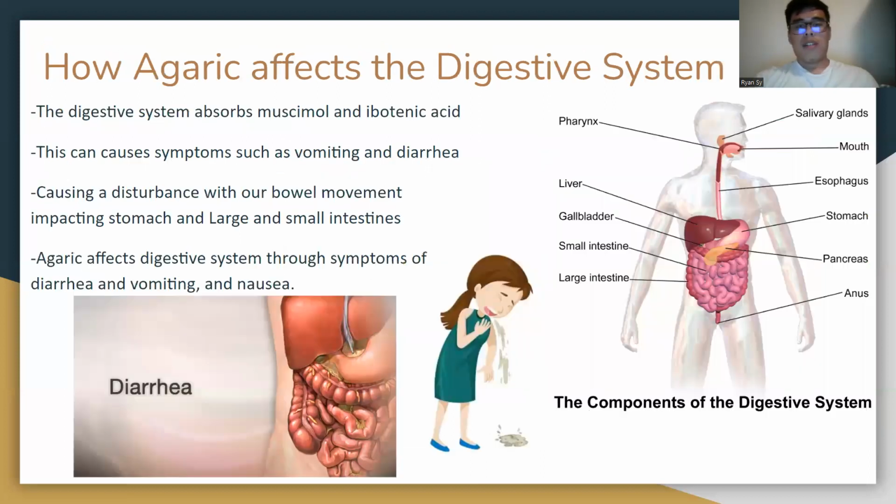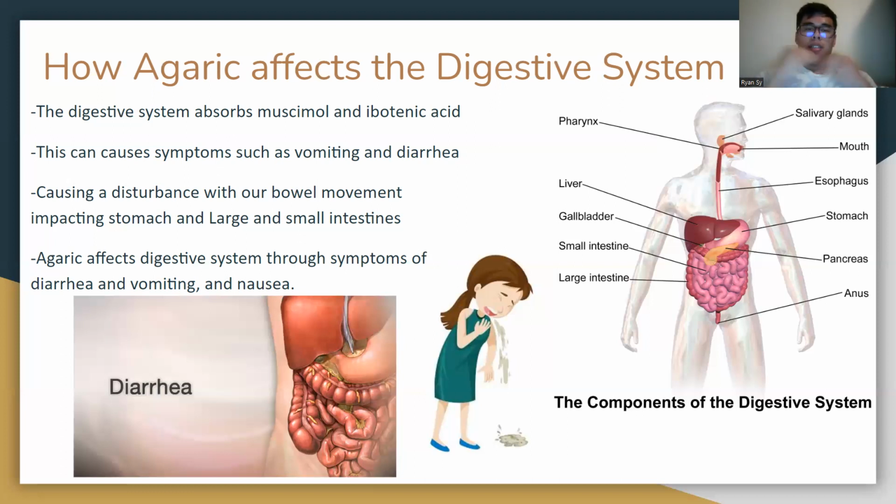So how does agaric affect our digestive system? Well, it absorbs the muscimol and ibotenic acid, which are the chemicals found in the mushrooms. From there, our symptoms become vomiting and diarrhea, causing disturbance in our bowel movement, impacting our stomach and large and small intestines. This is how we get diarrhea, vomiting, and nausea.